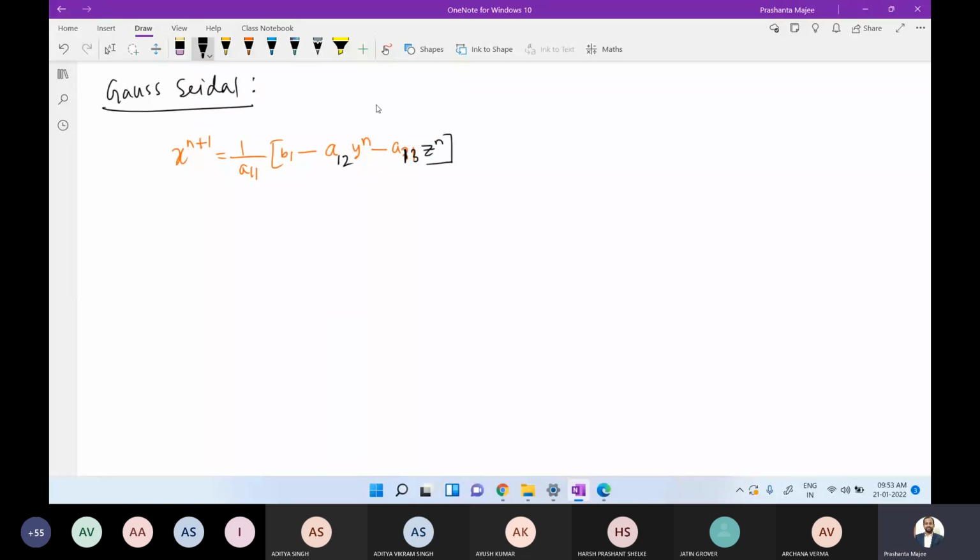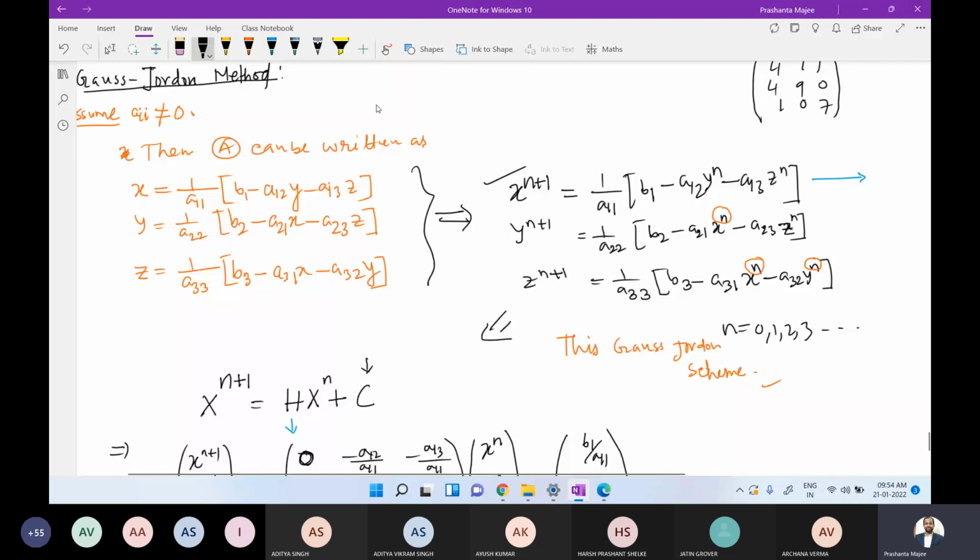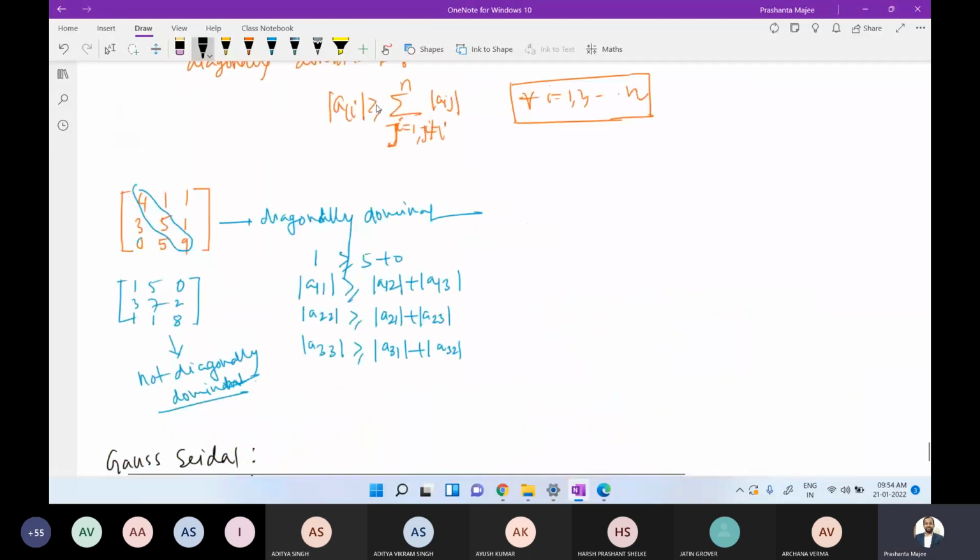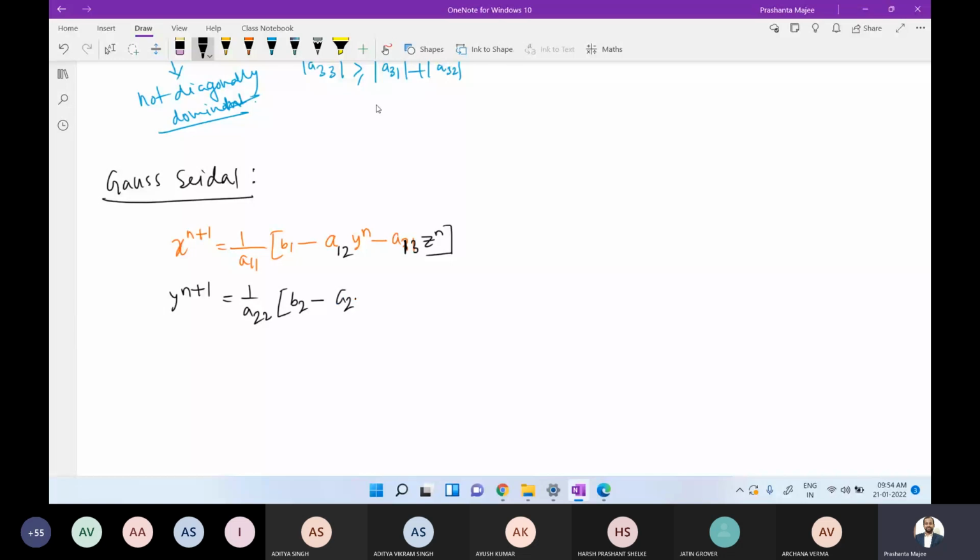What will be y n plus 1? y n plus 1 will be 1 by a22 times b2 minus a21 x to the power n plus 1 minus a23 z to the power n, that is, the value of z in the nth iteration and the value of x in the n plus 1th iteration, because you have the updated value of x now.